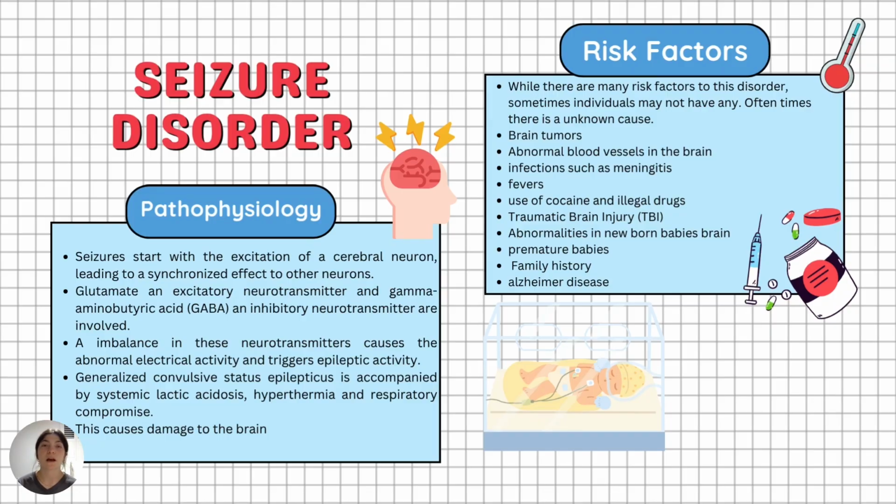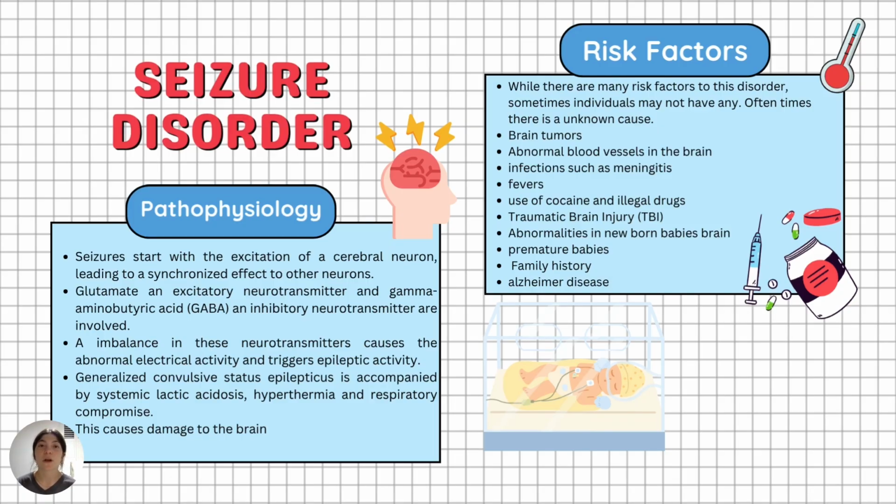When these neurotransmitters have an imbalance, it causes an abnormal electrical activity, which triggers that epileptic activity effect. Generalized convulsive status epilepticus is accompanied by systemic lactic acidosis, hyperthermia, and respiratory compromise. And then these issues are what cause damage to the brain, especially when there's respiratory compromise.